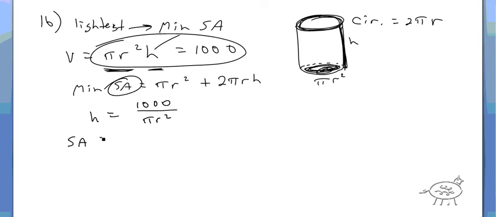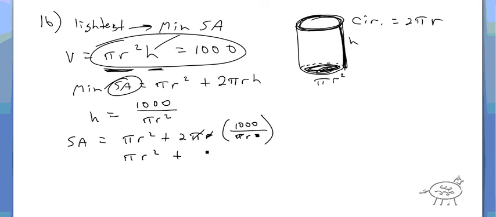So surface area is equal to pi r squared plus 2 pi r times 1,000 over pi r squared. And the pi's cancel, this r cancels with that r, and I have pi r squared plus 2,000 over r.